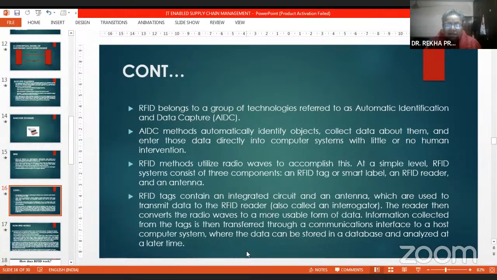RFID belongs to a group of technologies referred to as automatic identification and data capture, AIDC, which identify objects, collect data about them, and enter those data directly into computer systems with little or no human intervention.